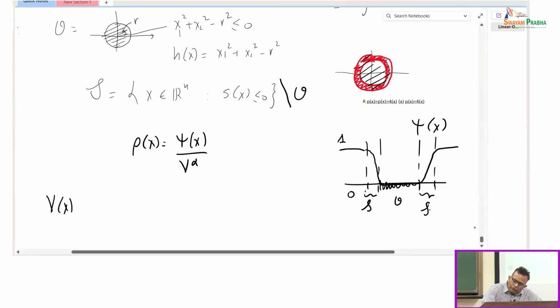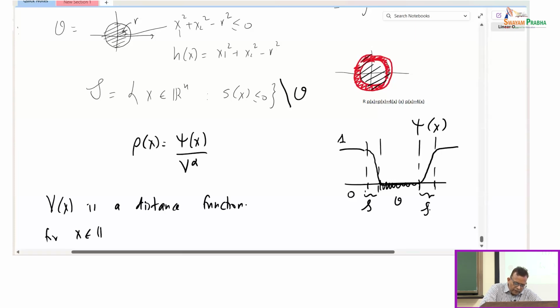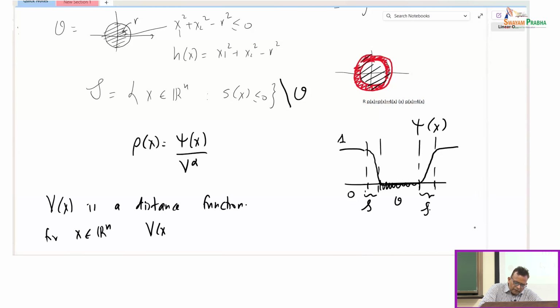This is like your psi of x, the projection of it from the one-dimensional picture, and v of x is a distance function. For x in R^n, one can pick v of x to be equal to the norm of x minus x_T squared.